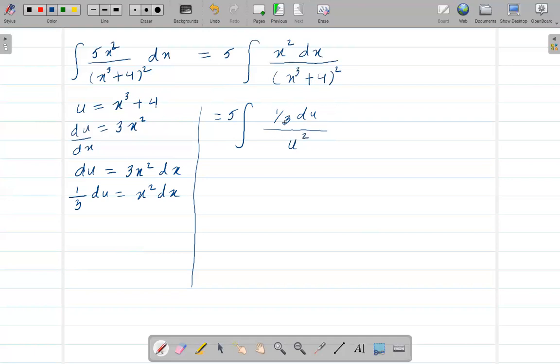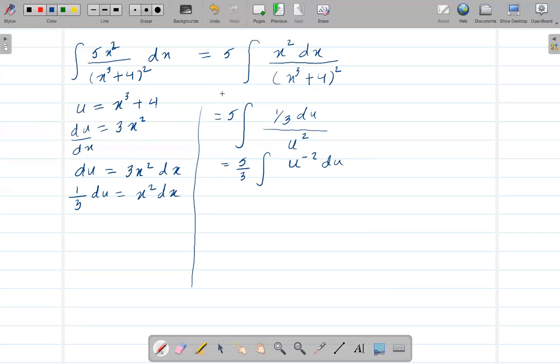Now again, this is just 1 over 3, just the number. I can take that out, so it will be just 5 over 3. So 1 over u squared, I can move that u squared to the top, so it will be u to the power -2 du, right?